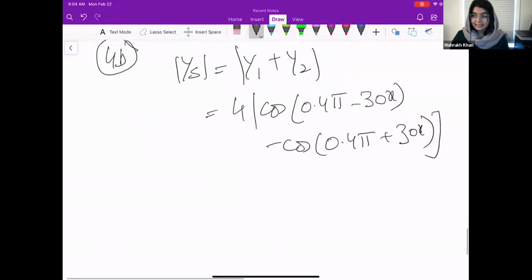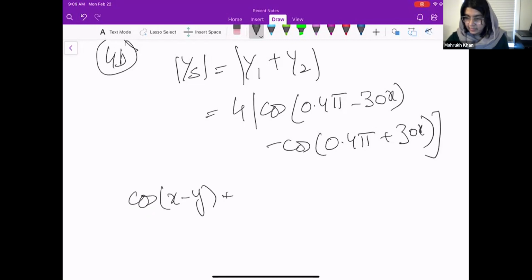So you will add them up, because one of the terms is minus, so it will always automatically come out as minus here. When you are adding them up, think of it as cos(x minus y) plus cos(x plus y).